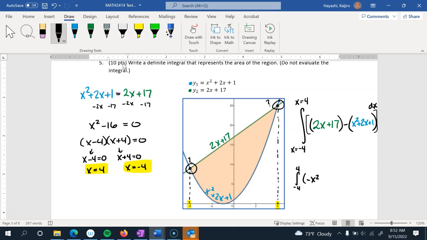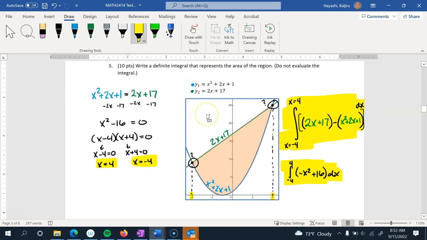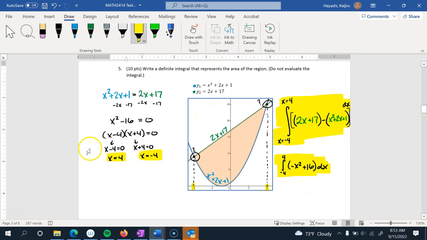Okay. There we go. So 16 minus 1. Yeah. So -x squared plus 16 dx. Either this or this would represent that area. So this right here is for the intersections or the bounds of integration.